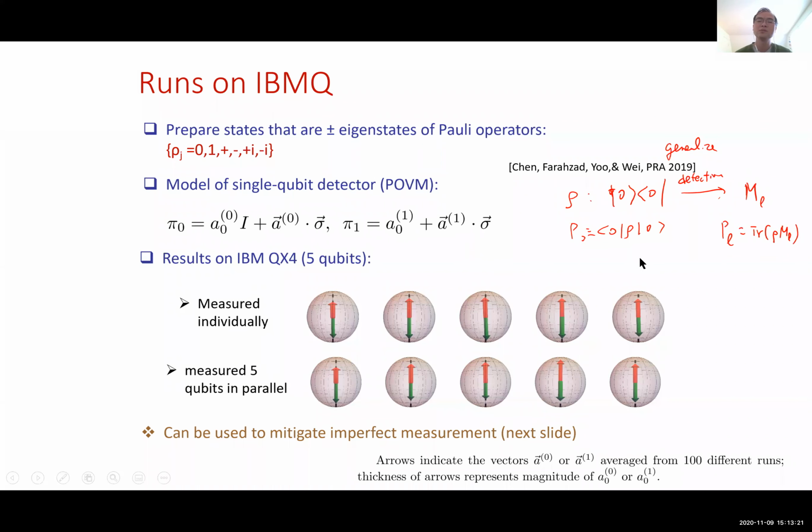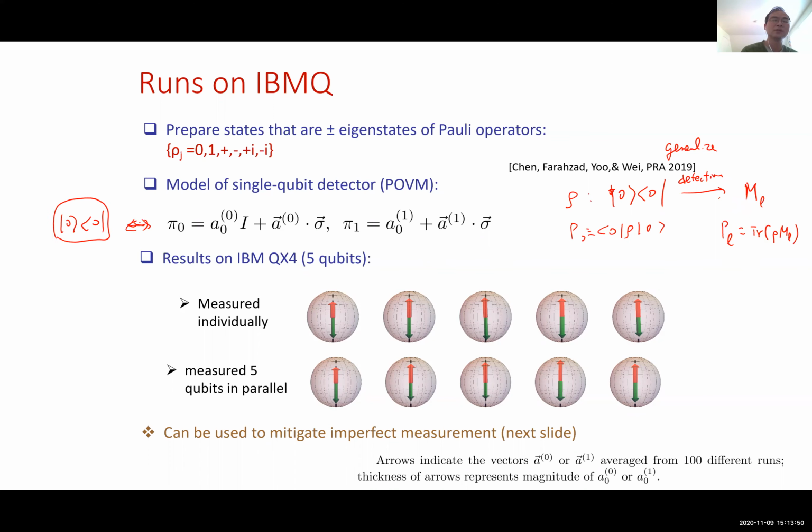So we can model all kinds of error. This is basically just telling you what the measurement operator is. From this, we get what it's supposed to be, and then you can ask, how close is this M0 to the projector P0?